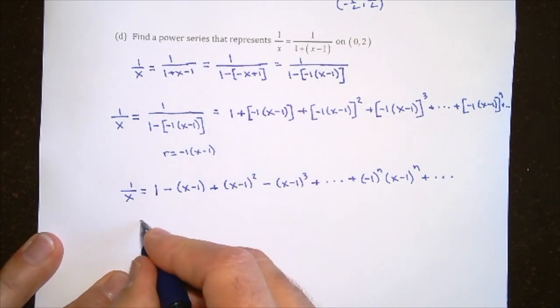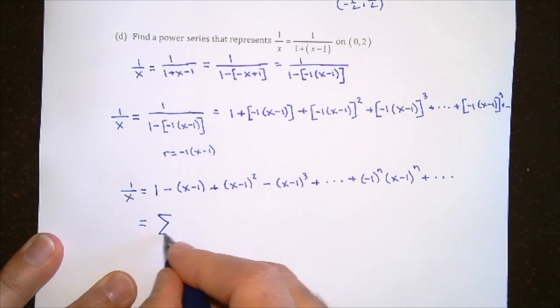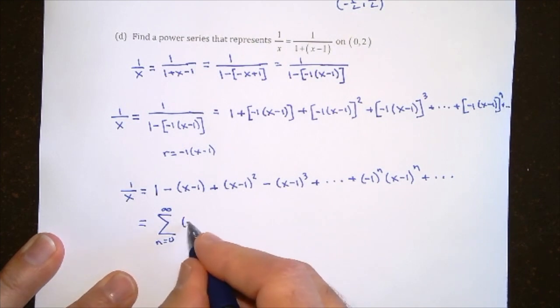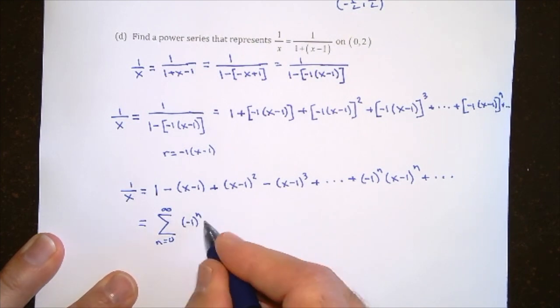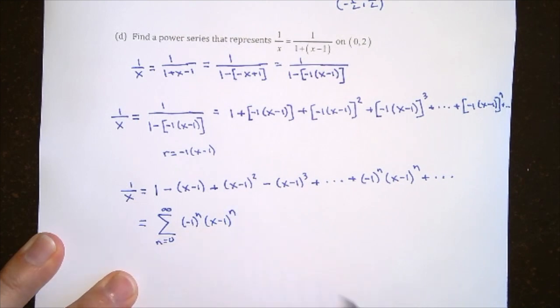And then we can write this in sigma notation, okay? And so this is equivalent to sigma n equals 0 to infinity, negative 1 to the n times x minus 1 to the n power.